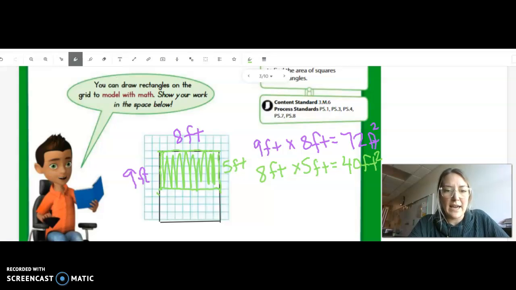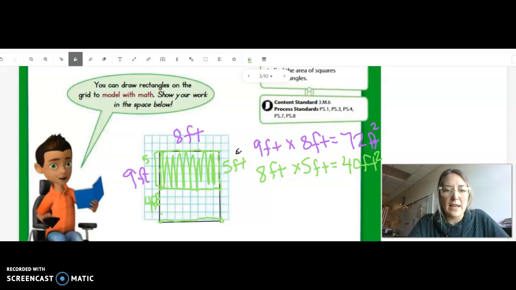The first way is I could count the length of this bottom area, or I could subtract because I know this side is 5 and 9 minus 5 is 4. So my length for the leftover part of the room is 4 feet.